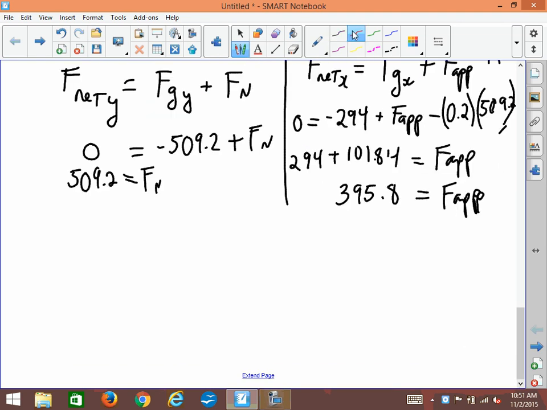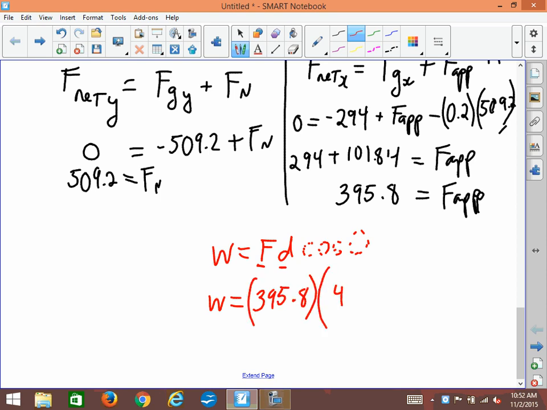Let's figure out the work. The work I would do is equal to force times distance. And in this particular case, the cos theta is already lined up. I don't really need cos theta because the force I'm applying is in the same line as the displacement. So cos theta is like a 1. So I'm applying 395.8 newtons of force, and I'm still pushing up the ramp at 4 meters.